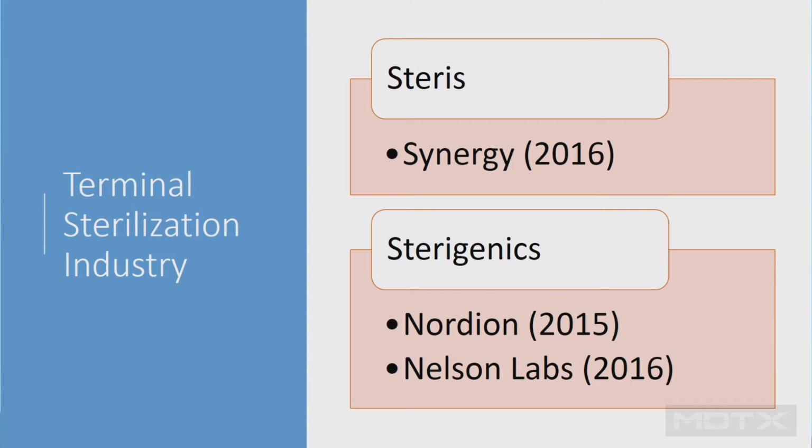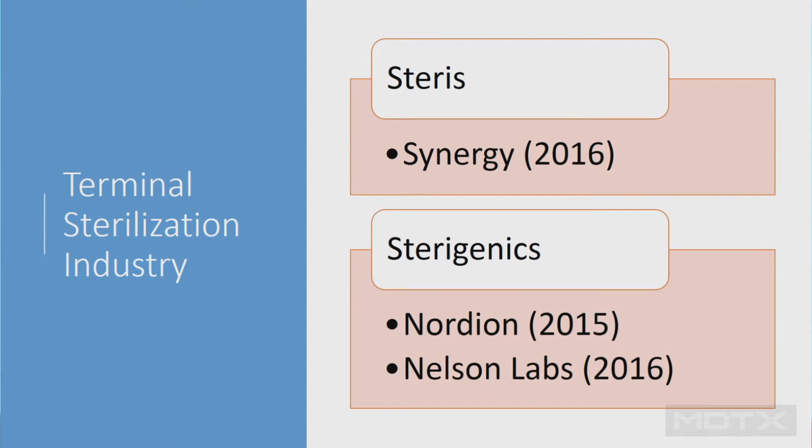Sterigenics, some notable acquisitions that they made is Nordion in 2015, and Nordion is the sole supplier of cobalt-60 to the gamma irradiation sterilization industry, which in the Western Hemisphere has only two players, Steris and Sterigenics. So they purchased Nordion in 2015. So basically, Steris has to purchase cobalt-60 from its arch rival, Sterigenics.